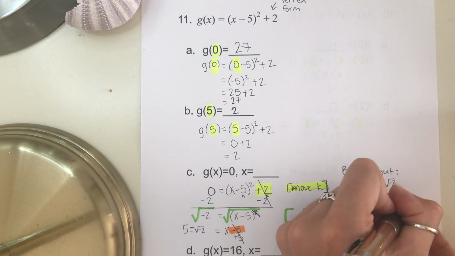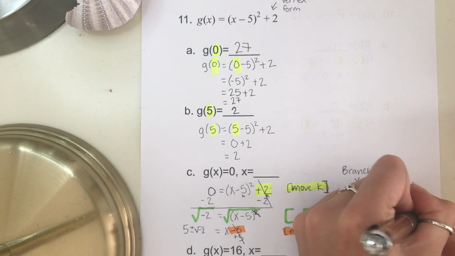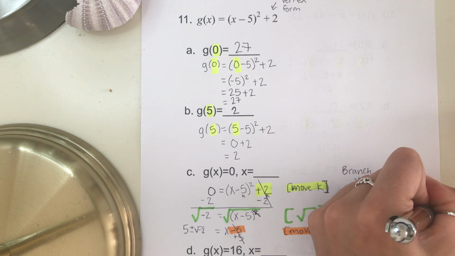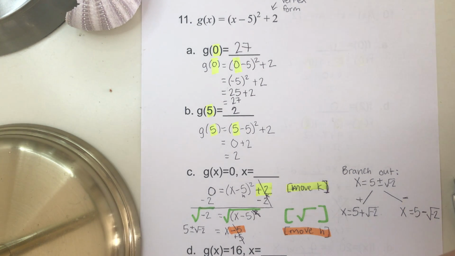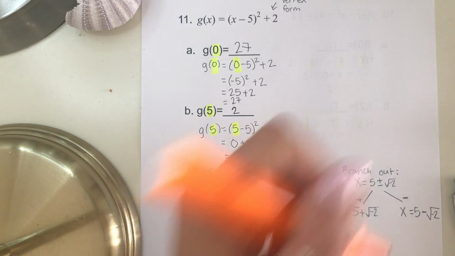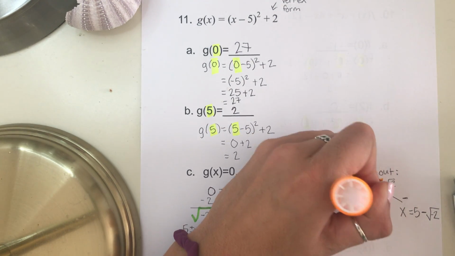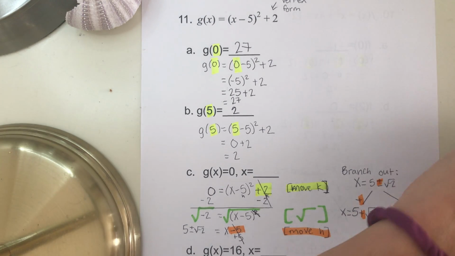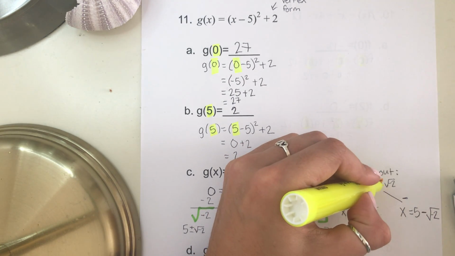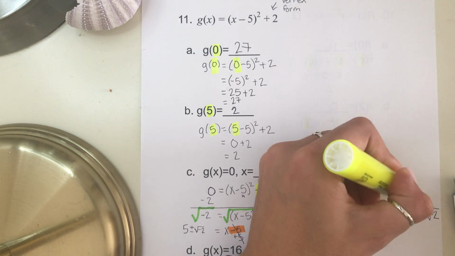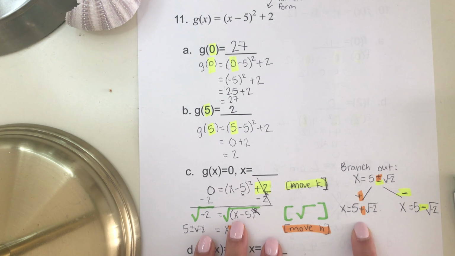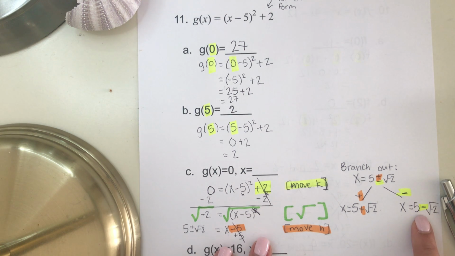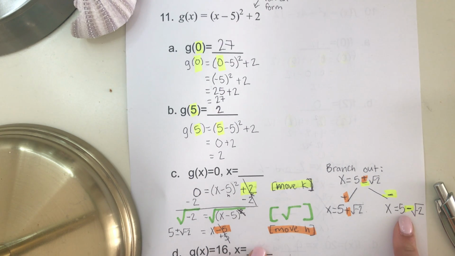And here I've got x equals 5 minus the root of negative 2. So this is the positive side, you write the answer with a plus in the middle, and here it's the negative side, so you write the answer with the minus in the middle.